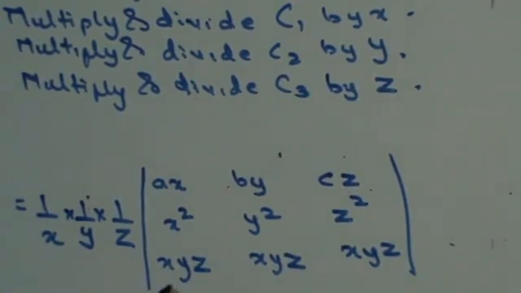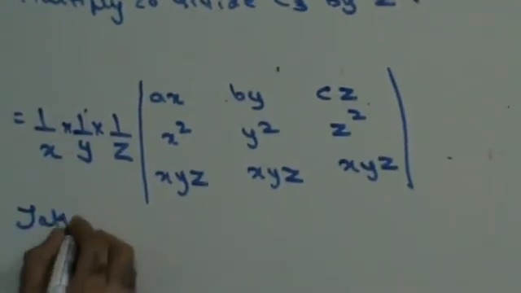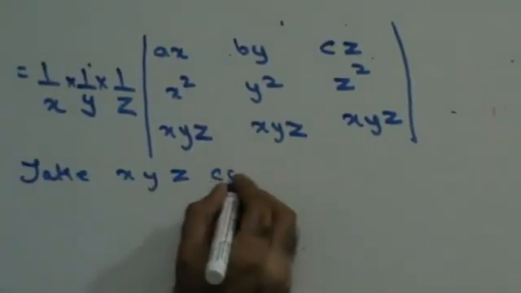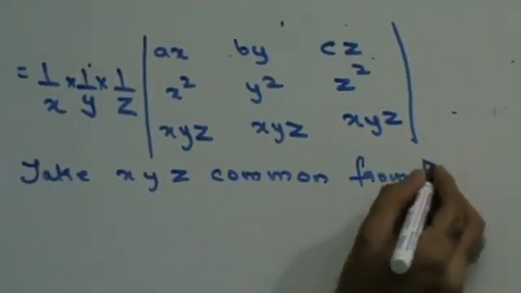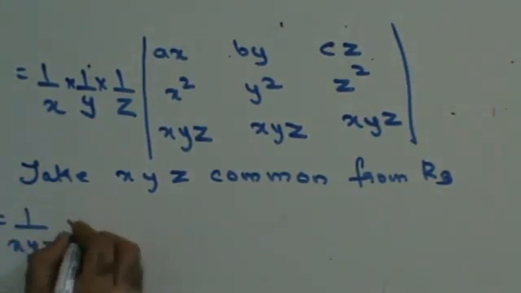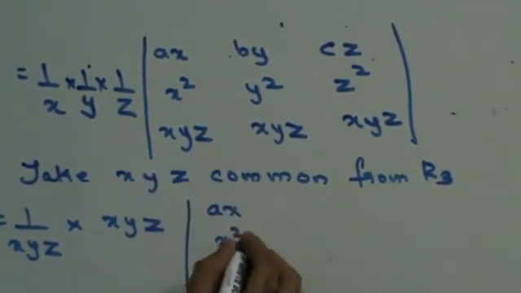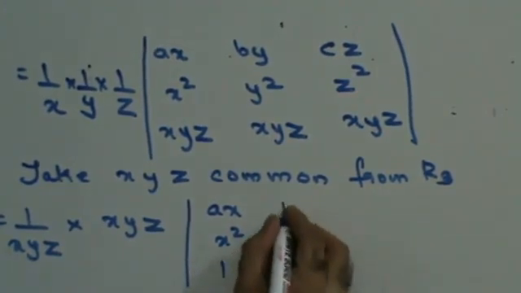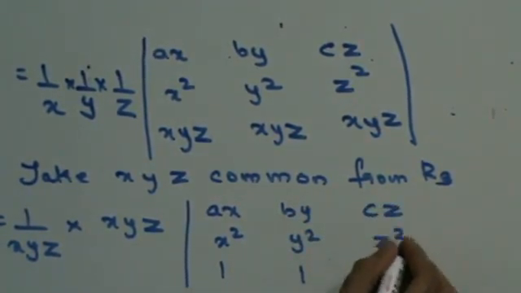Now if you look at this, I have XYZ common in the third row. Take XYZ common from the third row. So in that case this will become AX, X square, 1; BY, Y square, 1; CZ, Z square, 1.